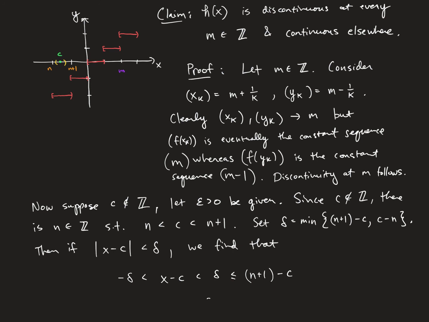And also, delta is less than or equal to c minus n, so negative delta is bigger than or equal to n minus c.